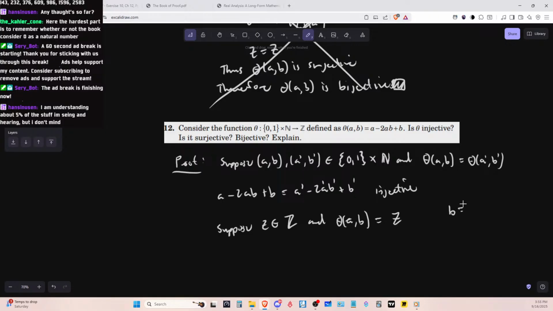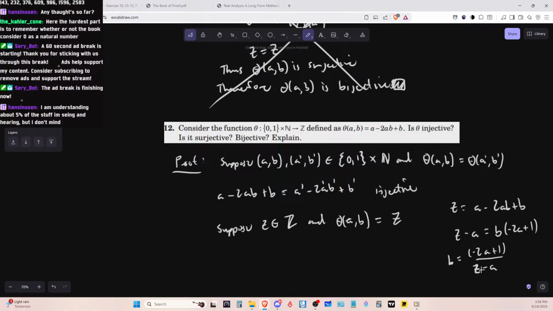So if it was to equal B, yeah, I think this one is not surjective, because Z can't be 0 at this point.